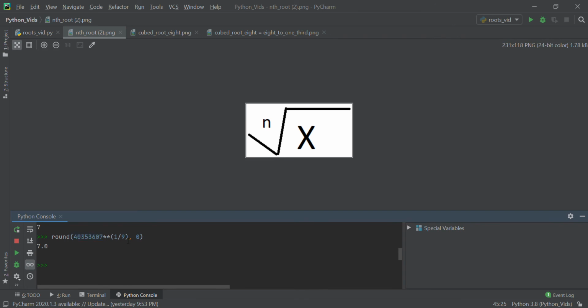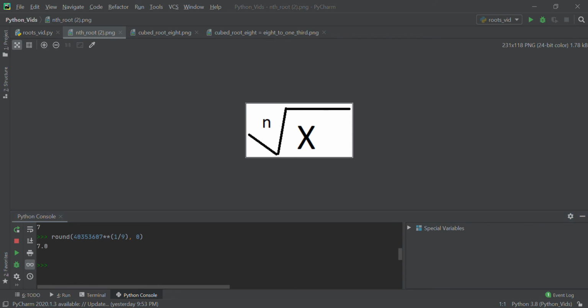And then we're taking x to the power of 1/9. So we're taking the 9th root of x. And then we're rounding it to smooth out these limitations from floating point arithmetic and to get the answer we're expecting. And we're throwing in another 0 here to get 0.0 at the end so that it's a float value. And so that's exactly the answer we would have been expecting.